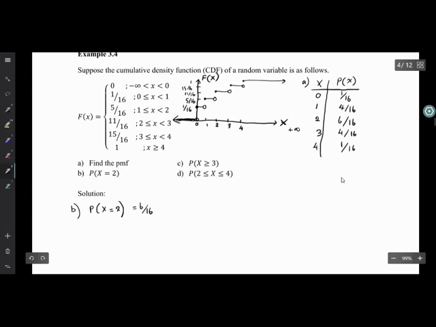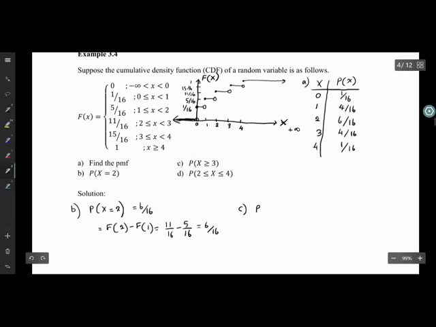If you use the CDF to find P(x equals 2), you use capital F at 2 minus capital F at 1, which will be 11 over 16 minus 5 over 16. So you get 6 over 16.